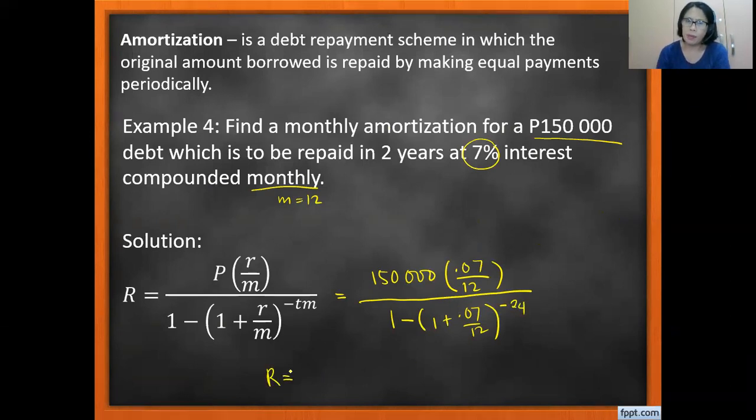So the periodic payment is equal to 1,556.82. Ito yung monthly payment niya. And this is payable in 2 years' time.